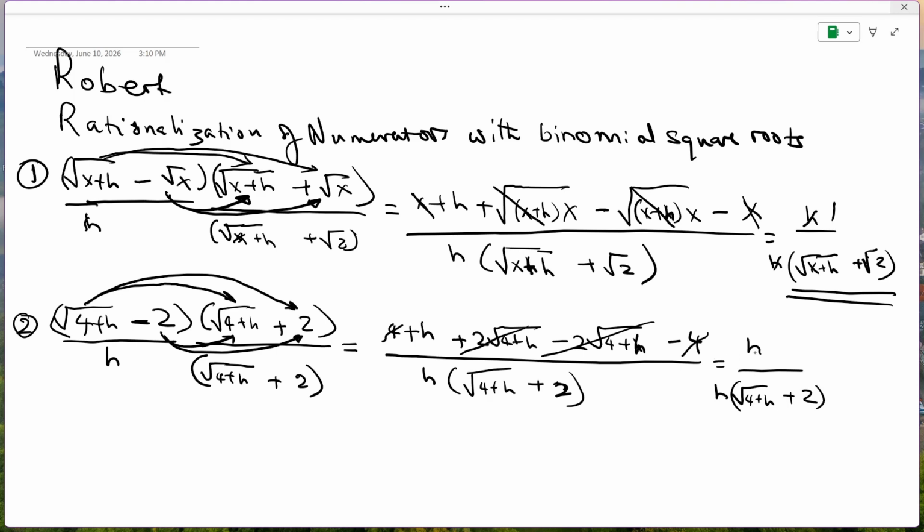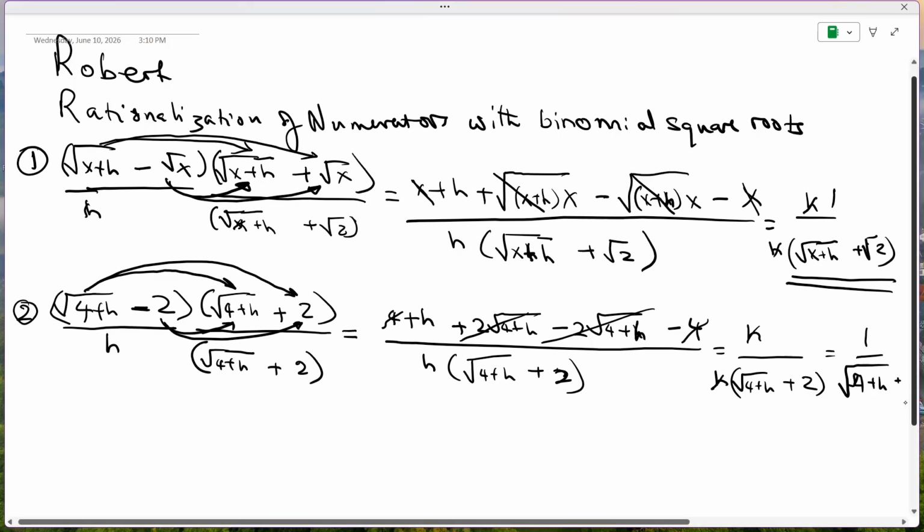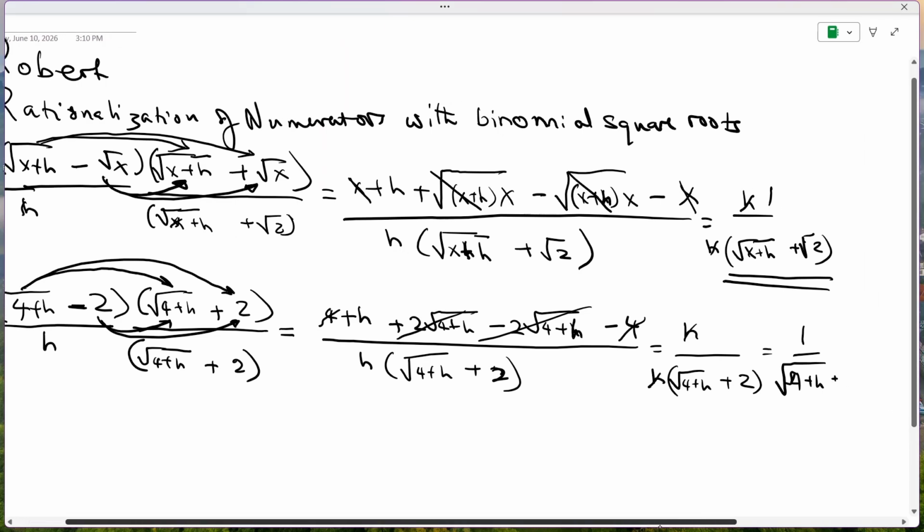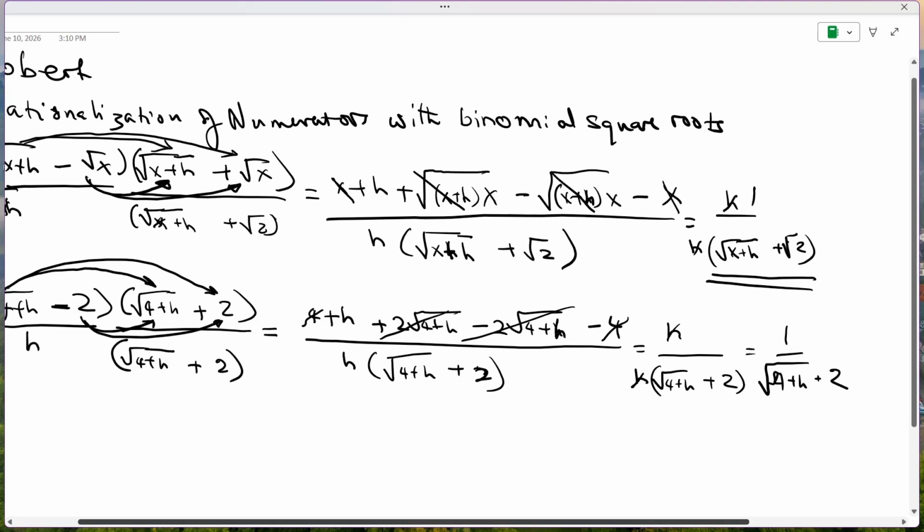And of course, h will cancel with the h, and we are finally left with 1 over root 4 plus h plus 2. And that one will be our final answer.